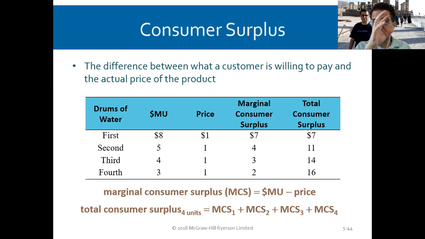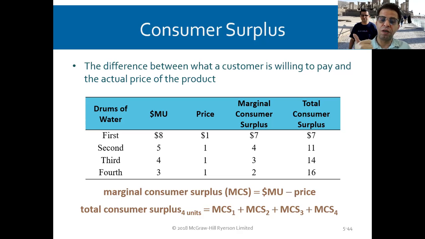No, you buy all 5 units at $5. So the excess benefit that you receive from the lower price is what you call consumer surplus: the difference between what a customer is willing to pay and the actual price of the product.